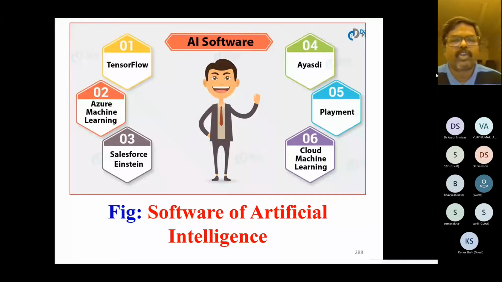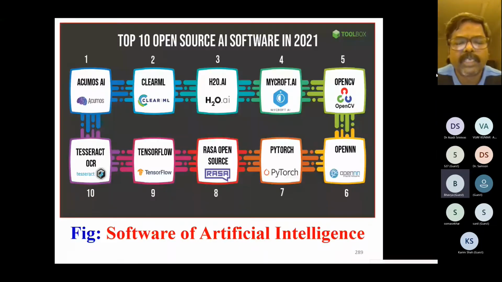If we see a few more, the top 10 open source AI software in 2021 to 22. The first one is Acumos AI. Then Cleverhans ML. Then H2O.ai.